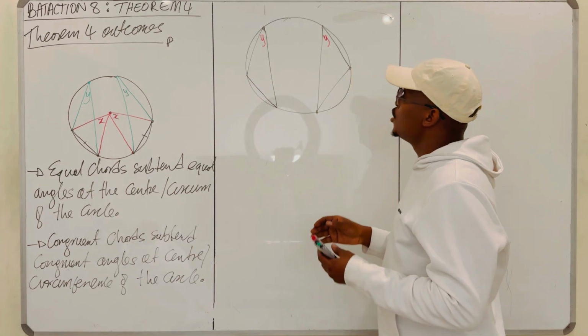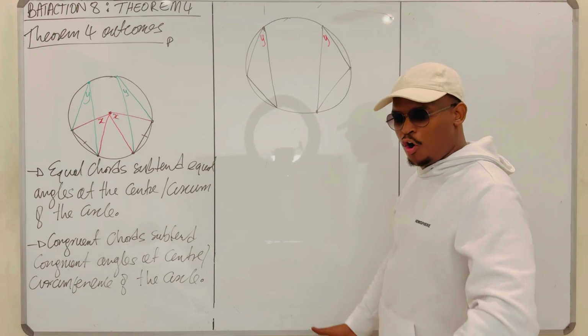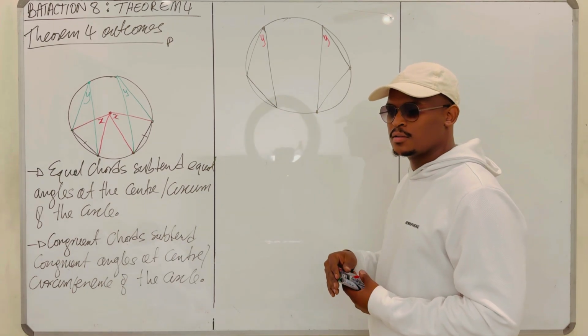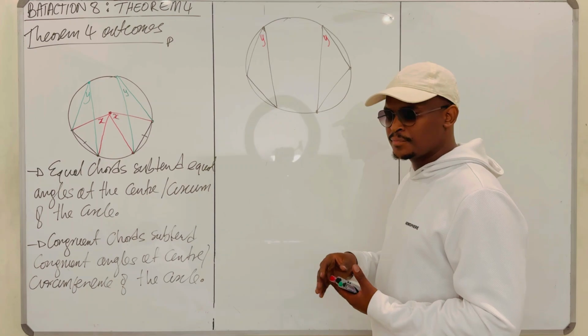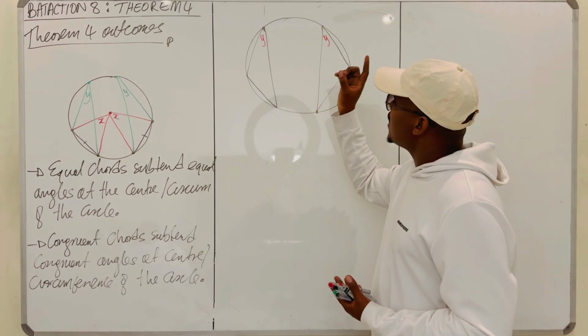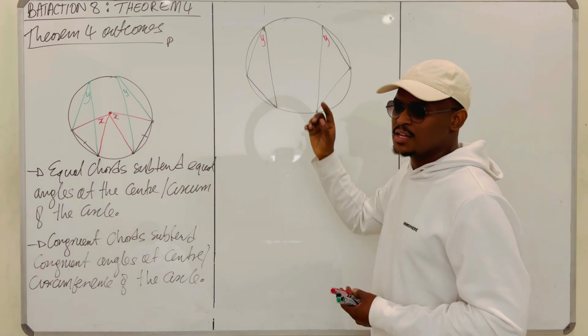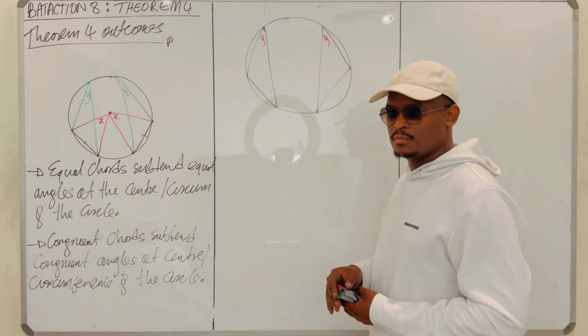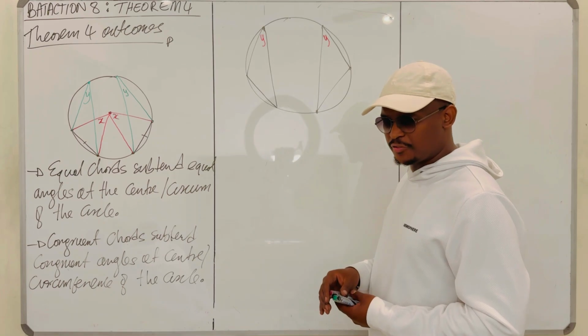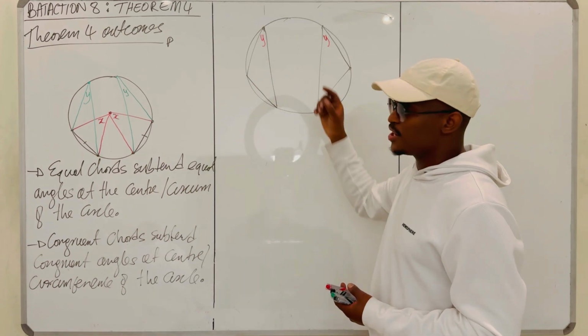Okay. So if you see two chords subtending equal angles, those two chords are also equal. I'm not sure if you understand what I'm saying. So chords that subtend equal angles should be equal. Can it be at the center or can it be at the circumference?